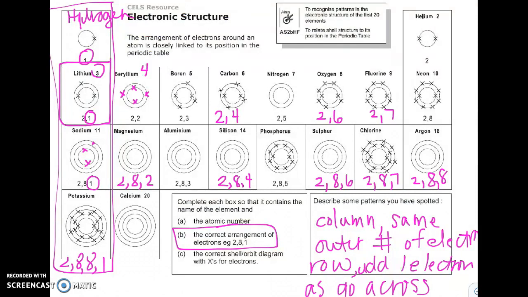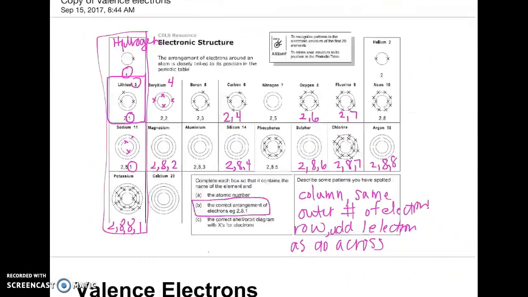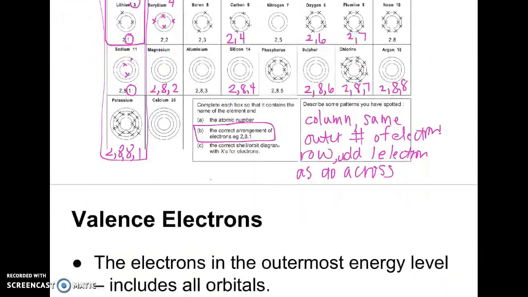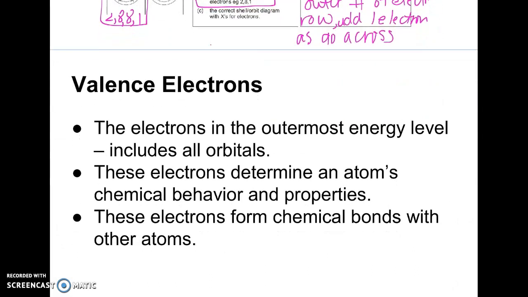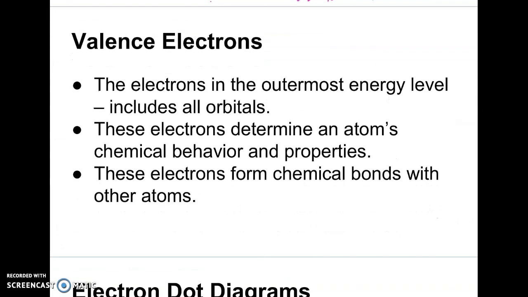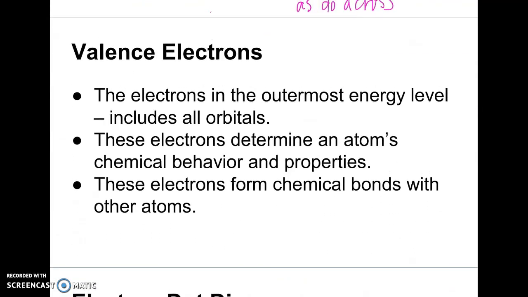Okay, so one of the things we're going to talk about is what the most important electrons are. Those most important electrons are what we call the valence electrons. Valence electrons are the electrons in the outermost energy level.